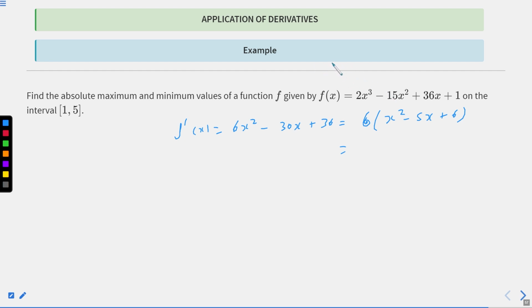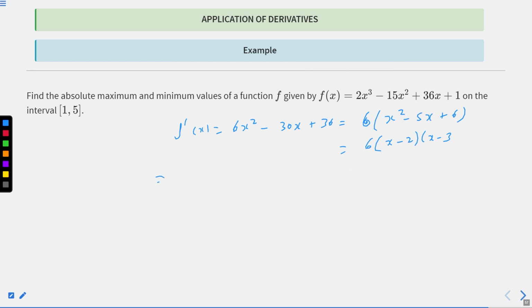The product of the roots will be 6 and the sum will be 5, so you will have 2 and 3. Putting 2, yes, 2 is the root. So it is 6 times (x minus 2) times (x minus 3). Clear?